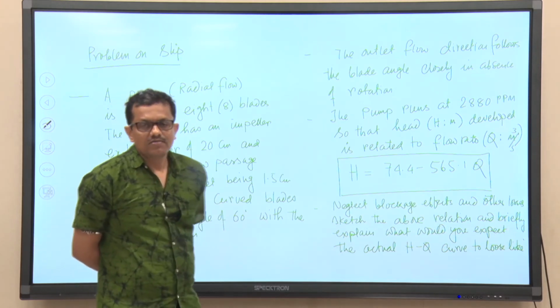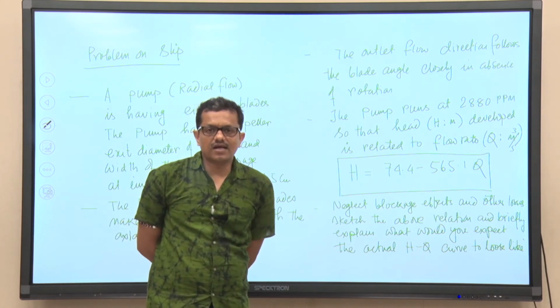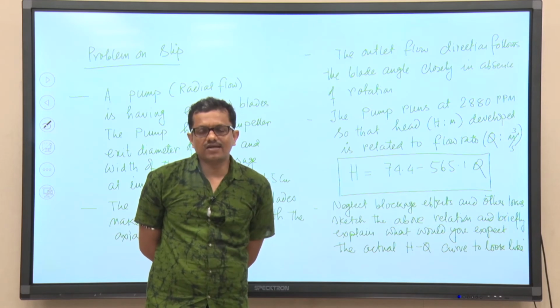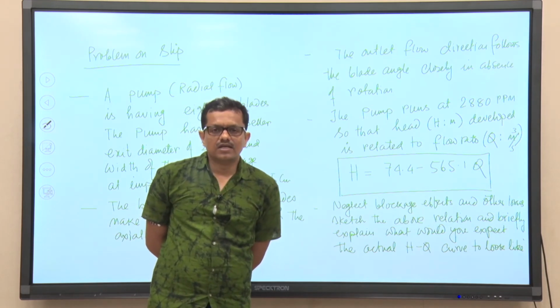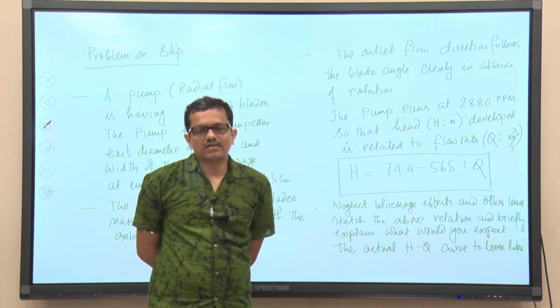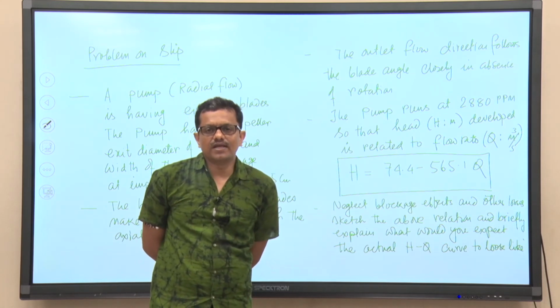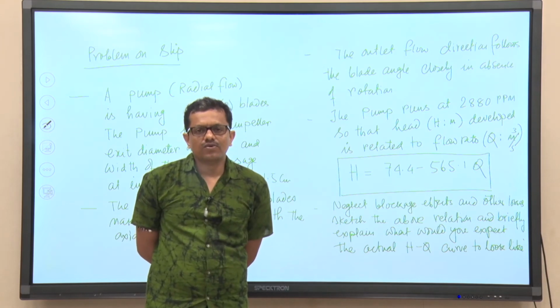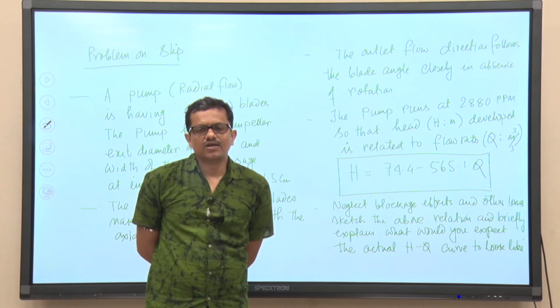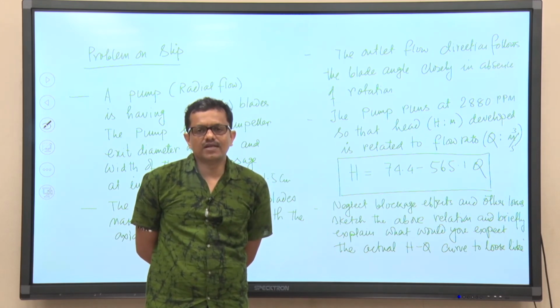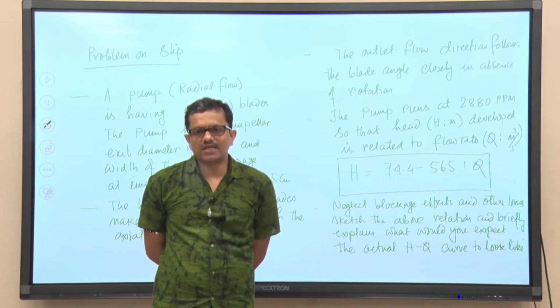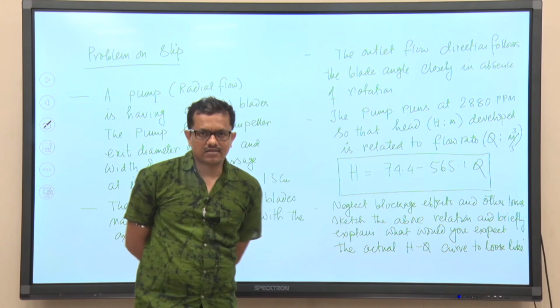As I told in the beginning of this class, it is very unlikely that explicit information will always be given in the problem statement from where we shall be in a position to understand that the slip should be taken into account in the analysis. So, by reading the problem statement we have to understand it.